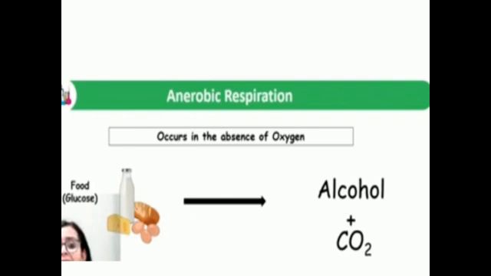This type of anaerobic respiration we can see in some yeast or bacteria. The organisms which perform such respiration we call anaerobes. So anaerobic respiration takes place in the absence of oxygen, and the products are alcohol, carbon dioxide and energy.